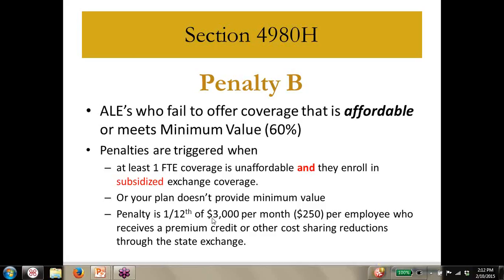So for this penalty, it's only multiplied by the number of employees who go to the exchange and actually receive a federal subsidy. So it's a little bit less than what you might have to pay under not offering coverage. And the reason I'm going through these is so that you can see how it ties into the reporting and why it's important that you understand these penalties so that you're able to fill out the forms correctly as well.